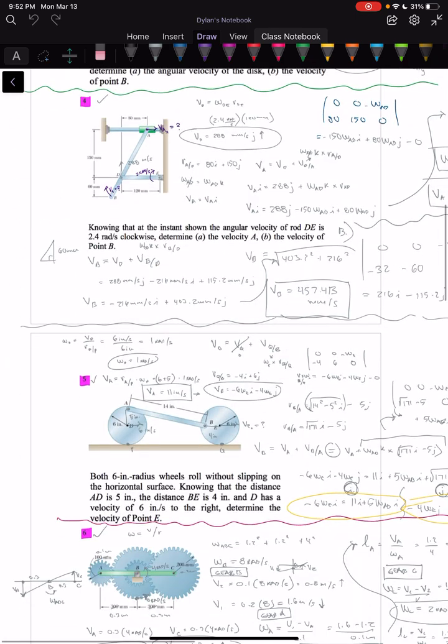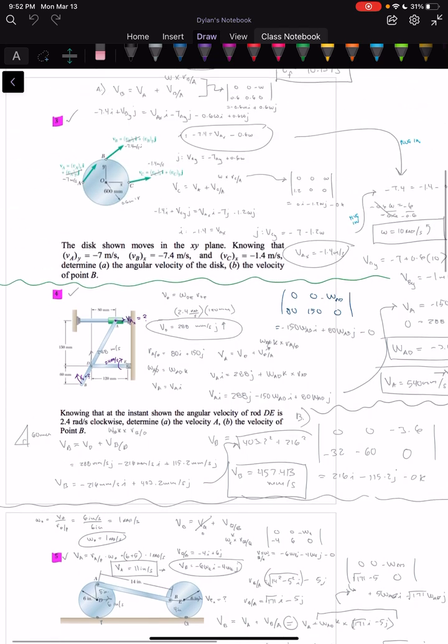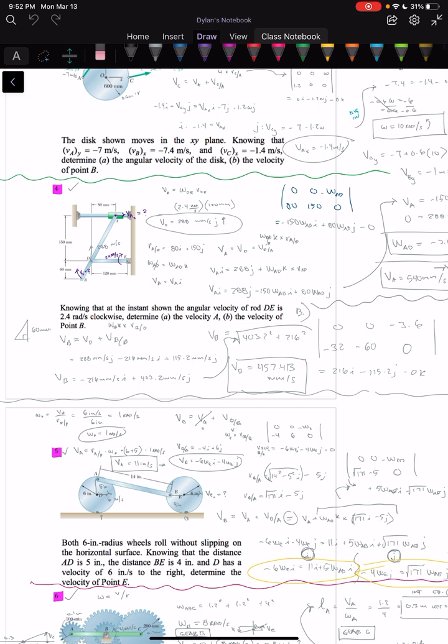Okay, number 4 is basically the exact same thing. However, there's just a bunch of different geometry to it, since certain things are moving in different directions.